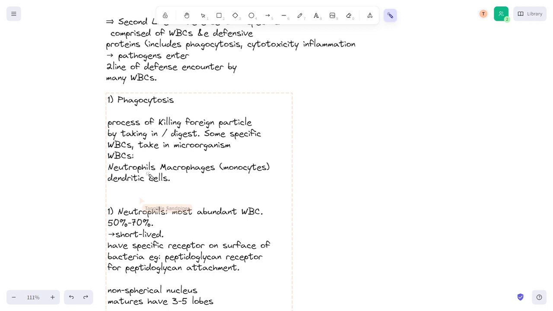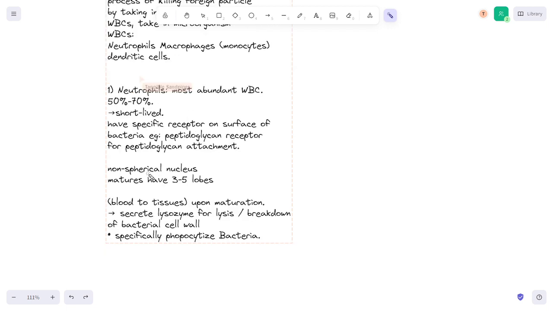So the neutrophils are the most abundant white blood cells. Their range is about 50 to 70% of all leukocytes. But in some books, it's also 40 to 70%.